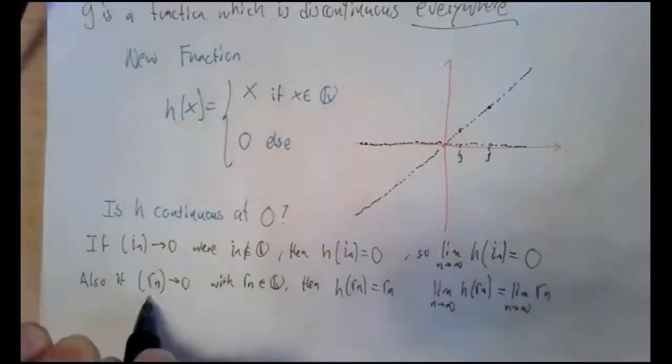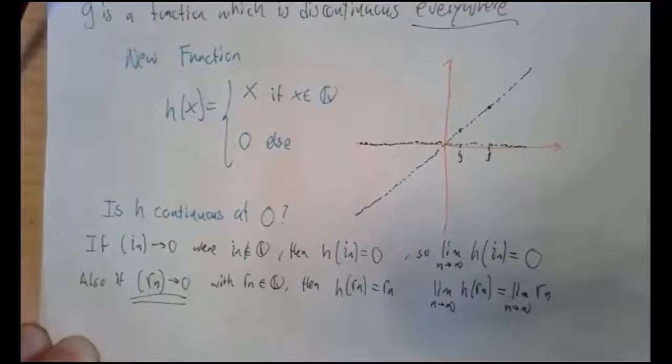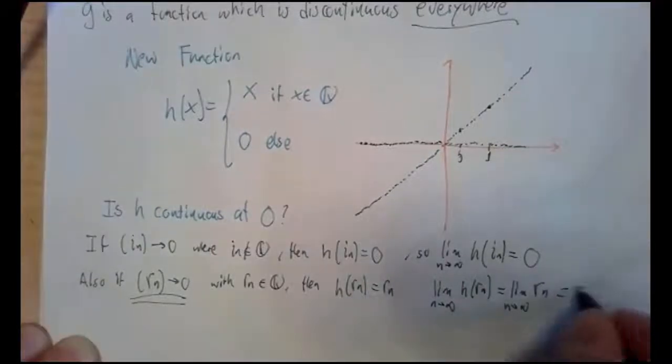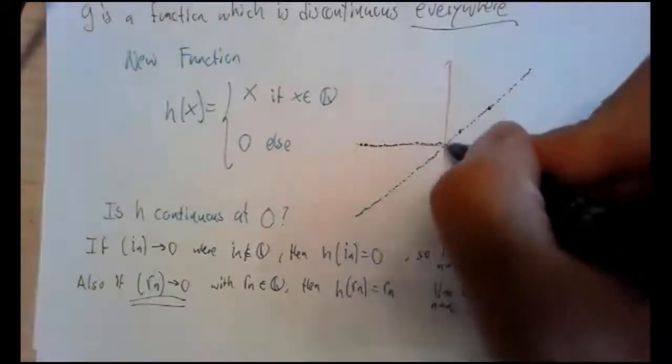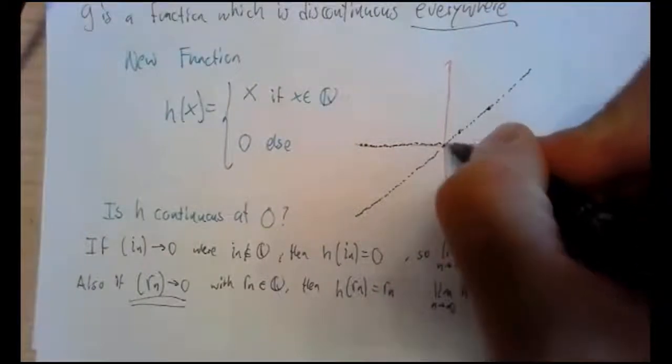And we said that that sequence was approaching 0, right? So this limit will be 0 as well. So for this particular one, even though it's also messy like Dirichlet's function, now we made it so that it is continuous right here. Right here, it's continuous.